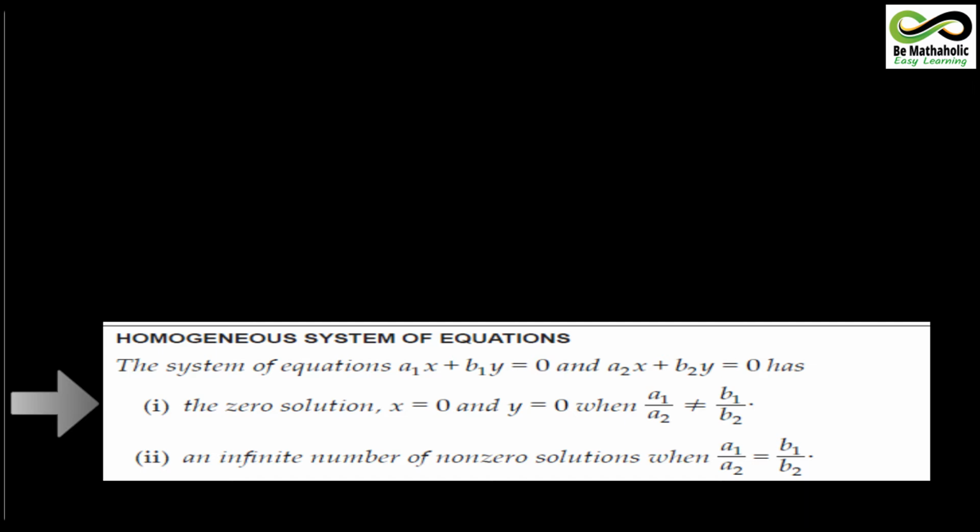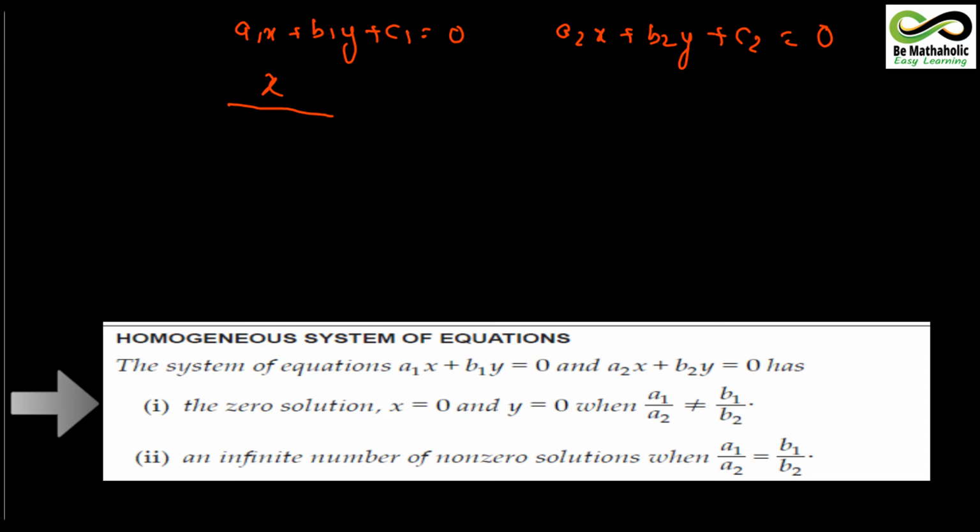Now as I told you about the general form of linear equations, which is usually given as a1x plus b1y plus c1 equals 0, and a2x plus b2y plus c2 equals 0. Now children, remember, I'll tell you one interesting method also through which you can find the values of x and y easily, besides what is mentioned here.